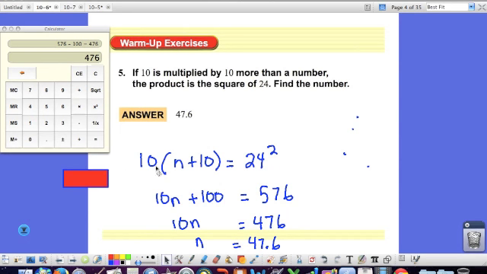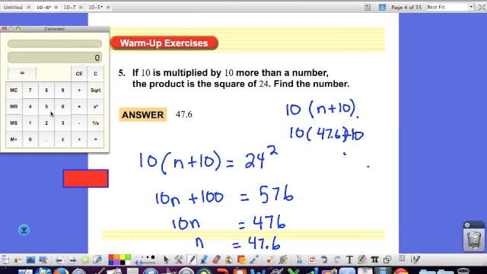But that is the number, and let's check our work. 10 is multiplied by 10 more than a number. So 10 times n plus 10. So 10 times n, which is 47.6, plus 10.